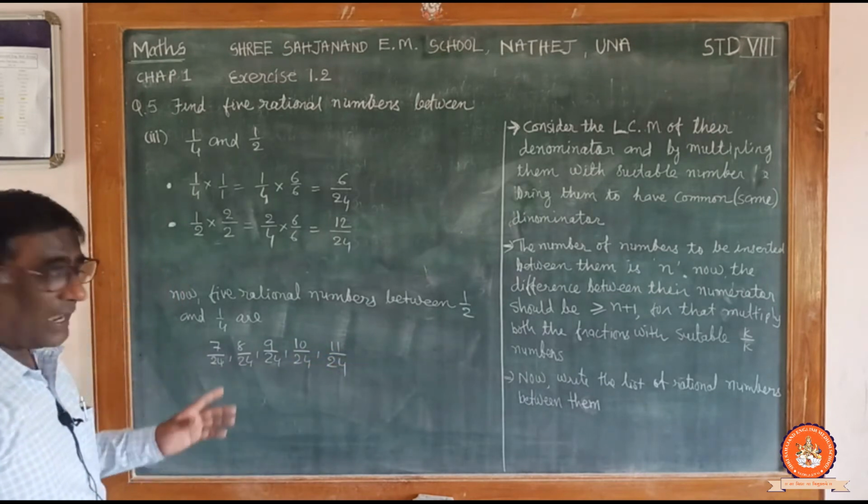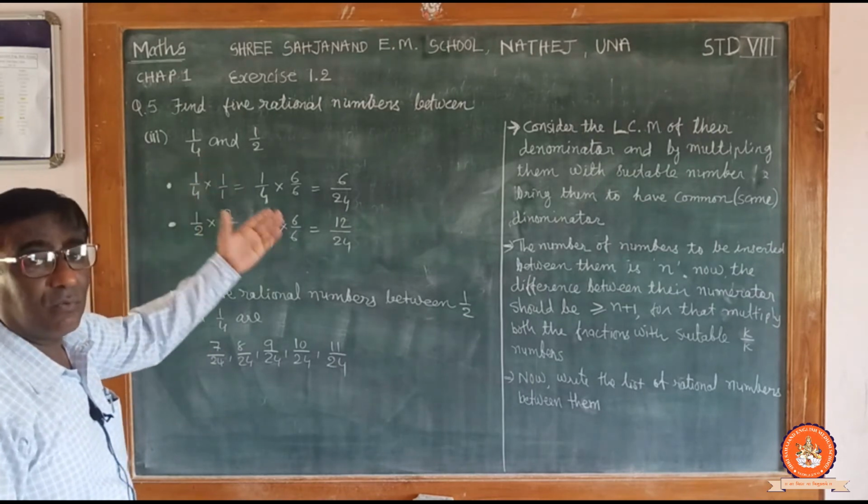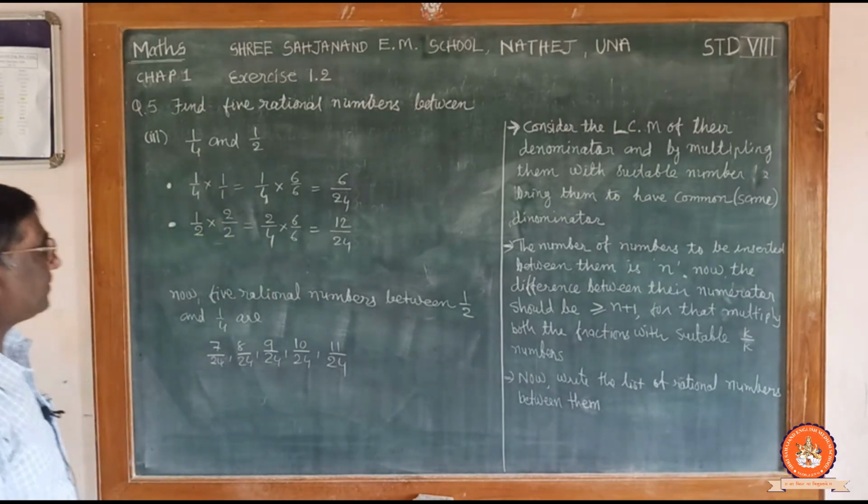So these are the 5 rational numbers that lie between 1 by 4 and 1 by 2. Okay.